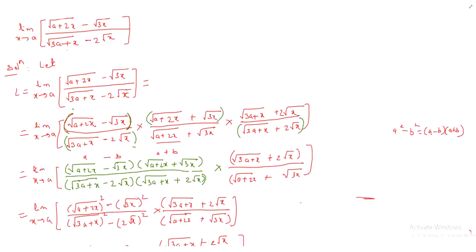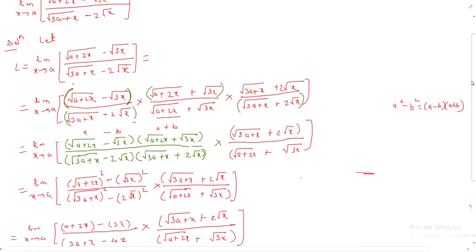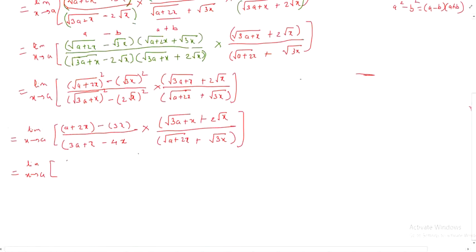So here a plus 2x minus 3x upon 3a, and we get minus 3x, isn't it, into root 3a plus x plus 2 root x upon root a plus 2x plus root 3x.